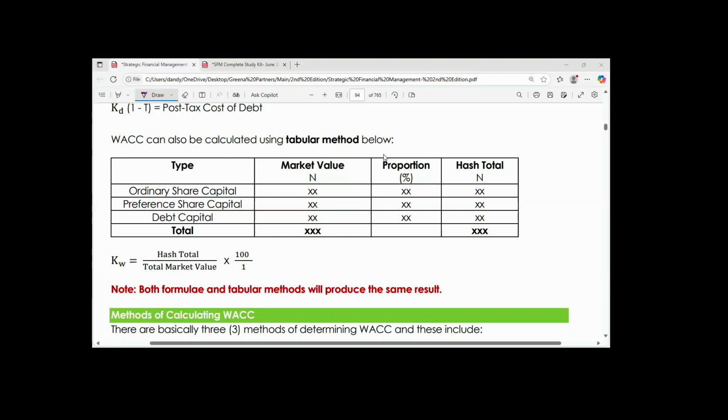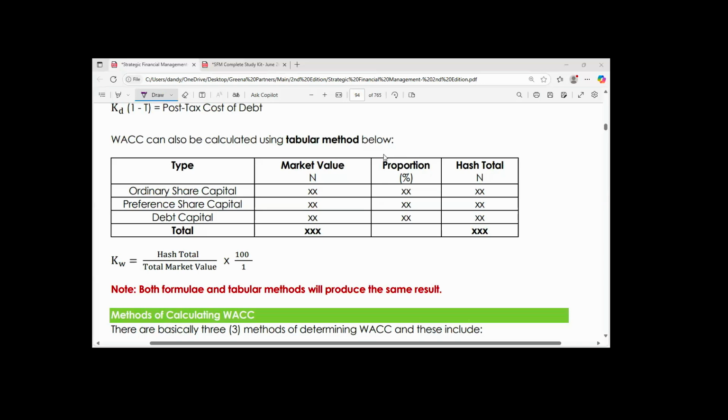This is the third lecture we are going to have on cost of capital. All we have discussed so far under cost of equity, cost of preference share, and cost of debt, it is time for us to put into practice, with one question that will cover everything. That is what we are going to do under WACC.